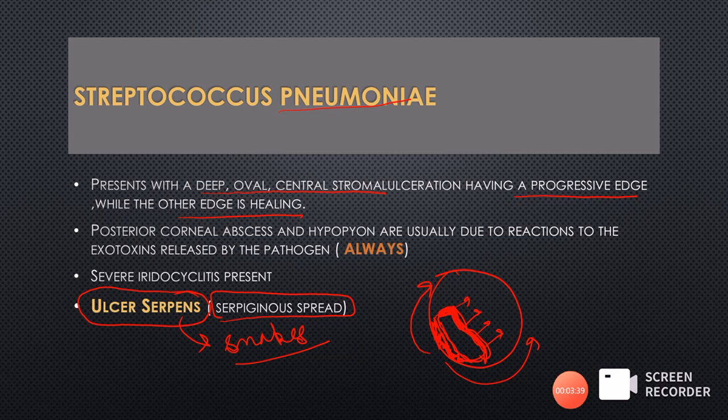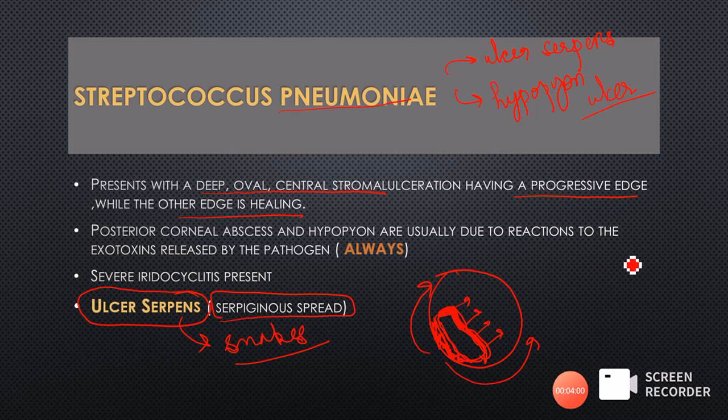Now, there's another name apart from ulcer serpens given to the corneal ulcer caused by Streptococcus pneumoniae, and the other name is hypopyon ulcer. The reason it is called hypopyon ulcer is that hypopyon is very common in Streptococcus pneumoniae.